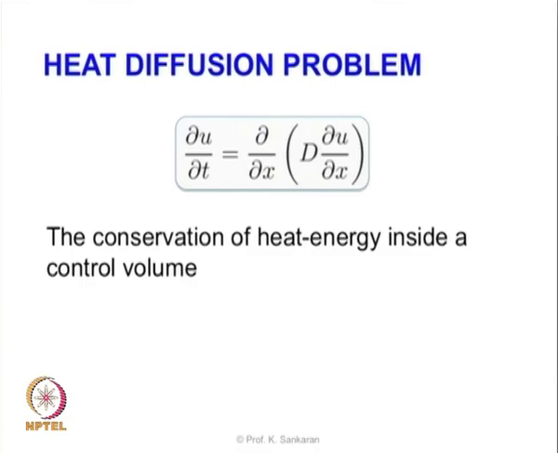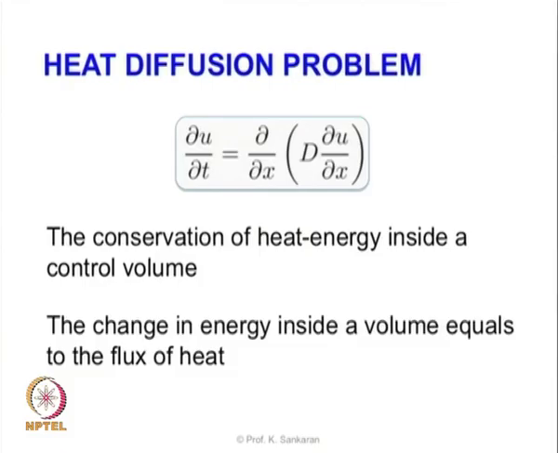and this is the equation that talks about the conservation of heat energy inside a control volume, and the change in the energy inside the volume is equal to the flux of the heat that is going in and coming out of the control volume.